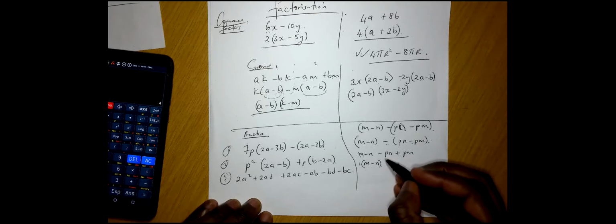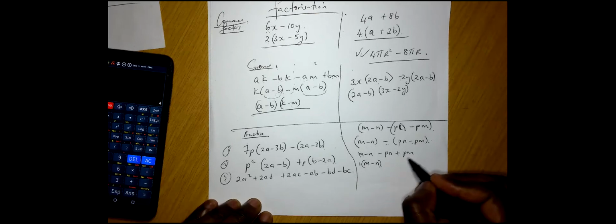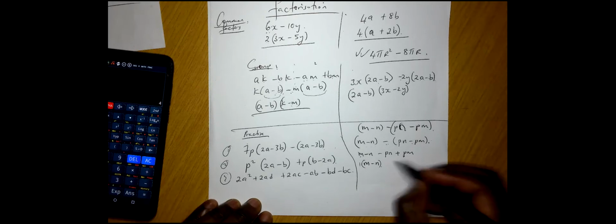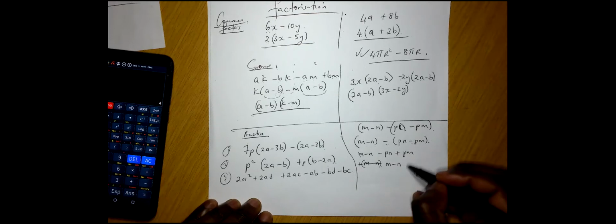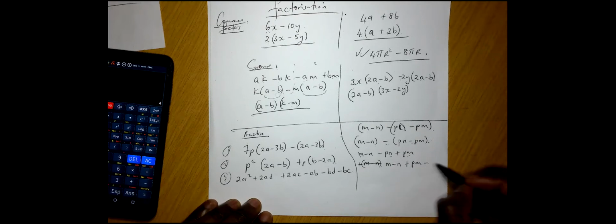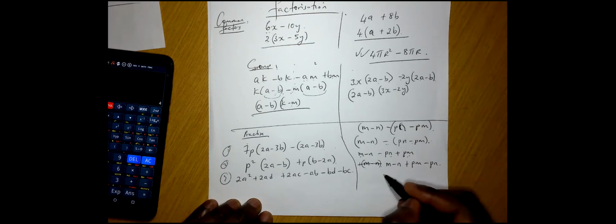Now here we're going to factor out p. Let me rearrange them: m minus n, plus pm minus pn. That is going to be easy for you here. So let's factor out 1 outside here.